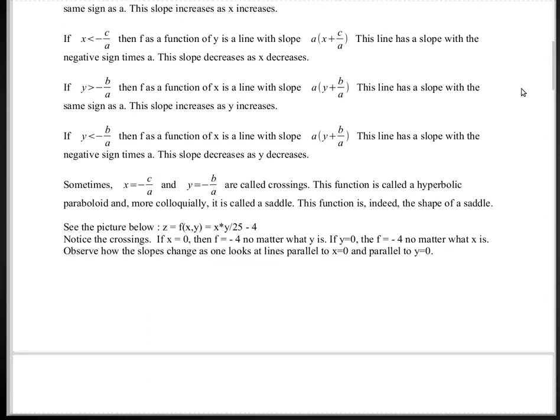Now a little bit of notation and naming here. In the literature, the values x equals minus c over a and y equals minus b over a are called the crossings. Okay? And it turns out that this function that we started with has a rather intimidating name, but it's one for which there's quite a bit of literature.